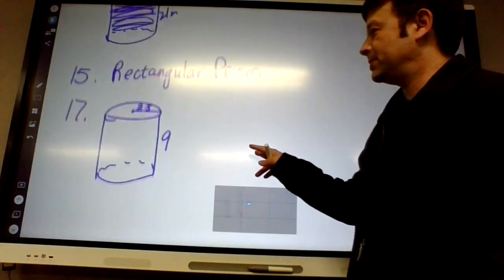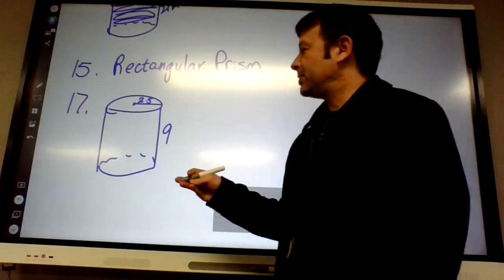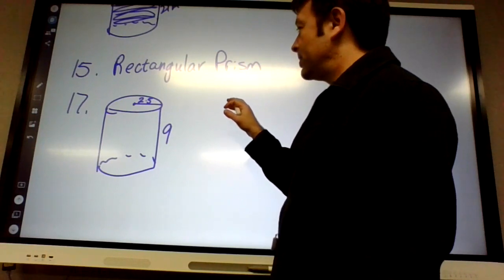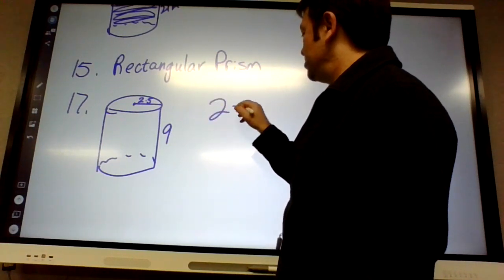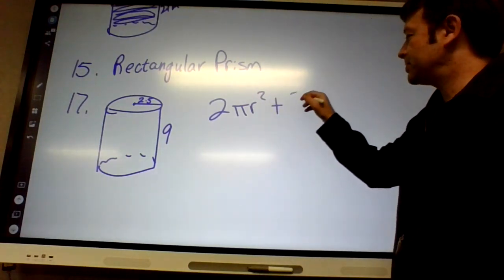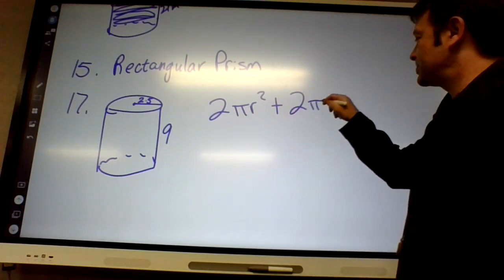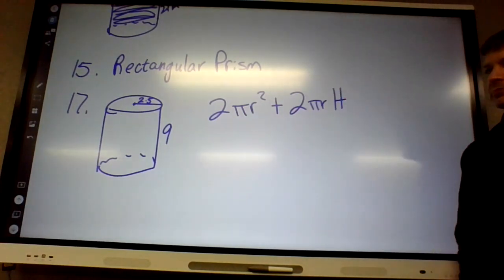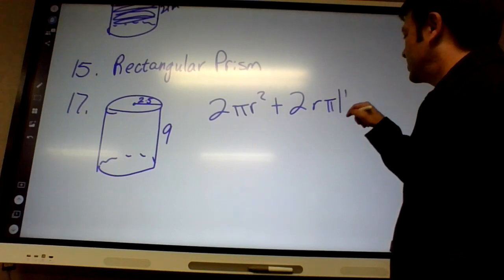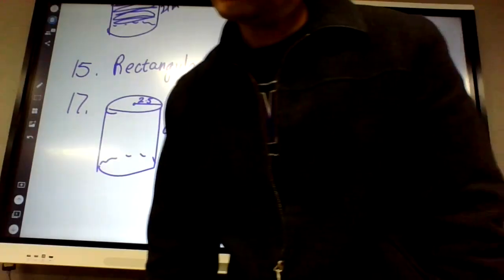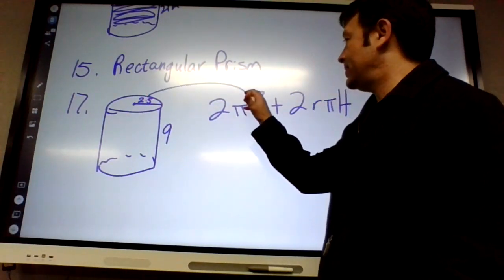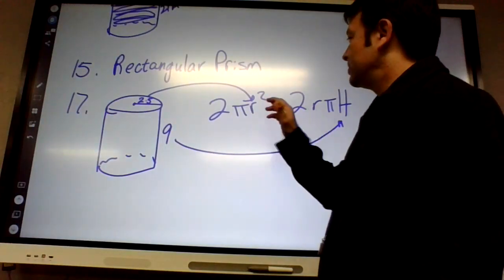Okay, you guys remember how we did cylinders? The formulas are way up there. I wrote it at the beginning of class. Two base areas, 2 pi r squared, plus the lateral area, which is circumference times height. It doesn't matter what order the letters are in. So we're just going to plug these numbers in. 2.5 is the radius, 9 is the height.